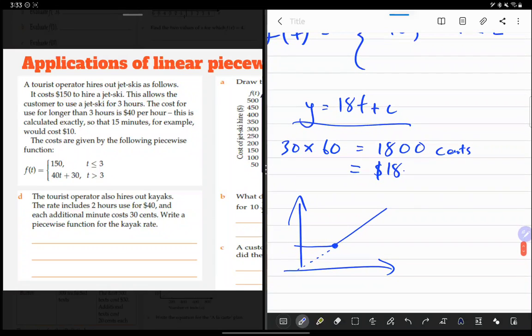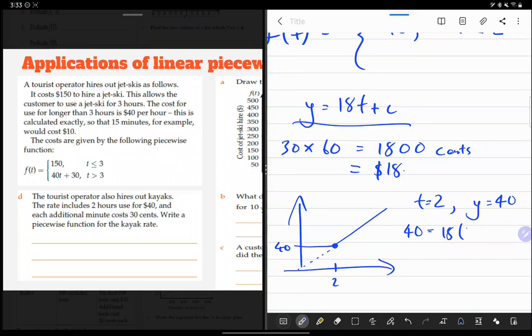Let's substitute the value we want. When t equals 2, I want y to equal exactly $40. Yep, because that's 40 there. So when t equals 2, I want it to exactly match up to 40. I put that into the linear equation we are making for the second portion of the graph.